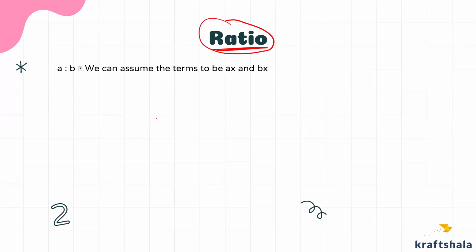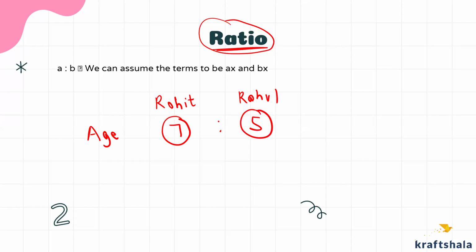For example, if I talk about two people, Rohit and Rahul, and let's say the ratio of their ages is 7 is to 5. This ratio just tells me the comparison, right? From this data, I can only tell one thing, that Rohit is elder and Rahul is younger. That's it. I can never tell the exact ages of these two people.